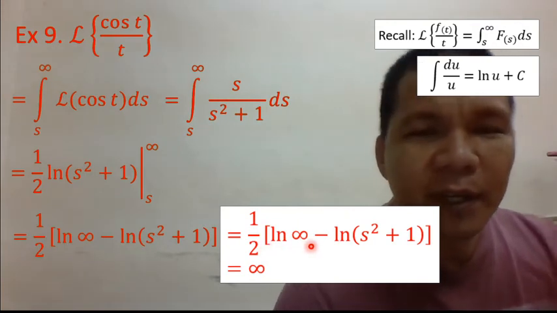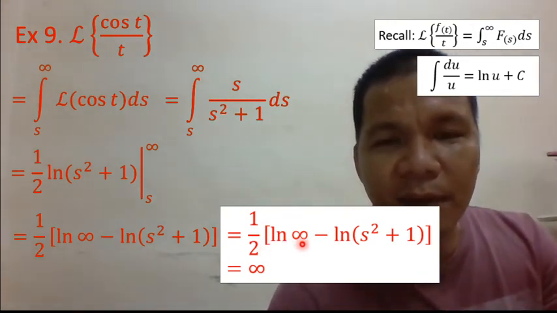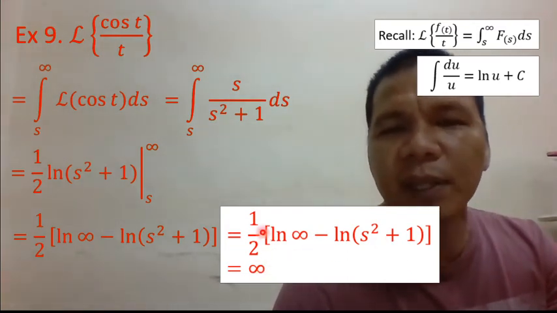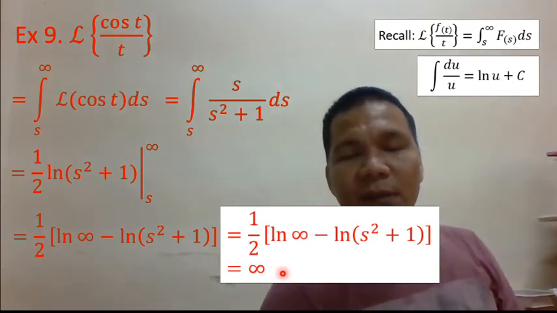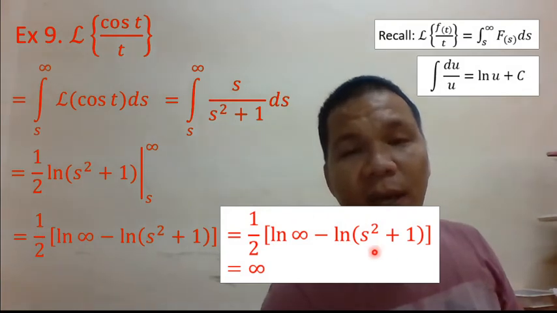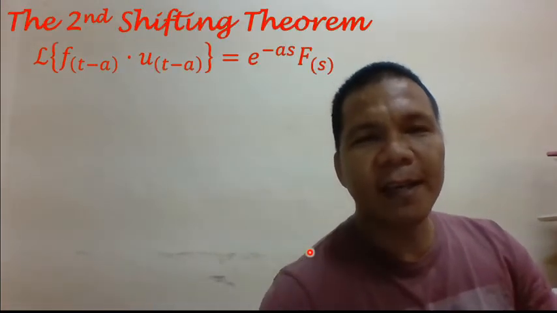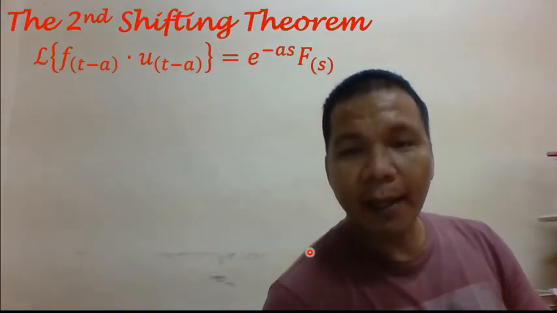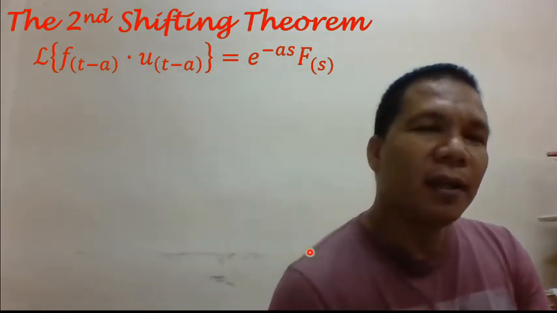So ln of infinity is infinite, minus this value is still infinite, times 1/2, that is still infinite. So the correct answer here is infinite. Or you may have the answer above, and I will consider it. All right, that is for the Laplace transform of the integral.